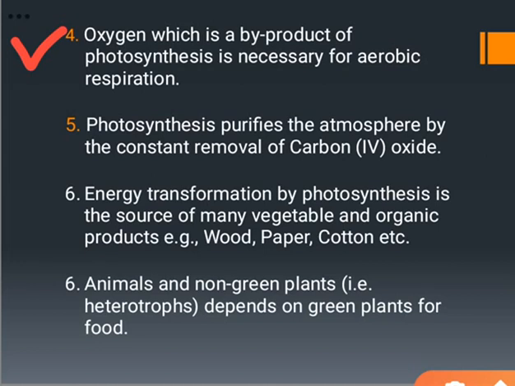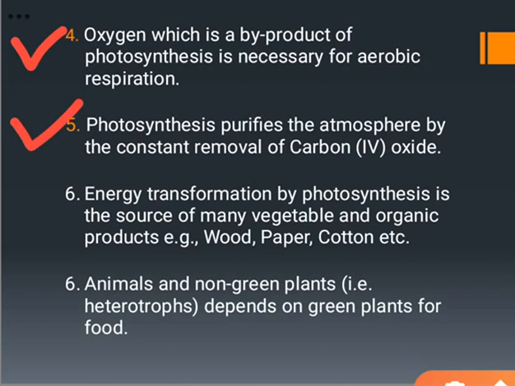That oxygen that is released from the leaves of the plant during photosynthesis is important for aerobic respiration. We all know that aerobic respiration is respiration that takes place using oxygen. So that oxygen is available to plants and to animals for aerobic respiration.